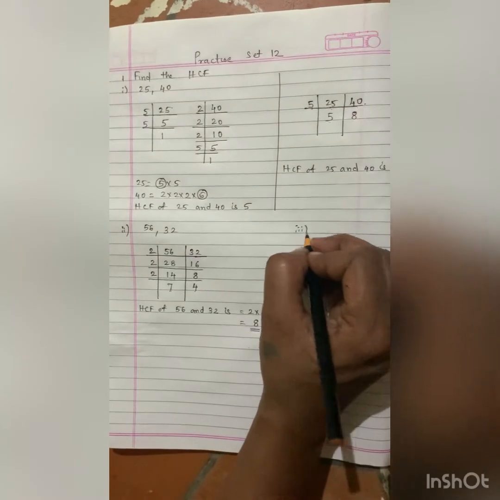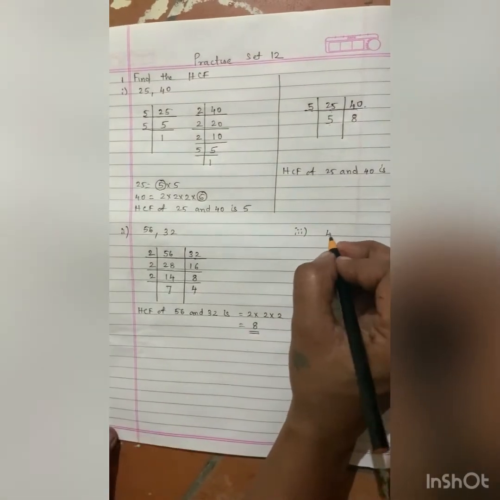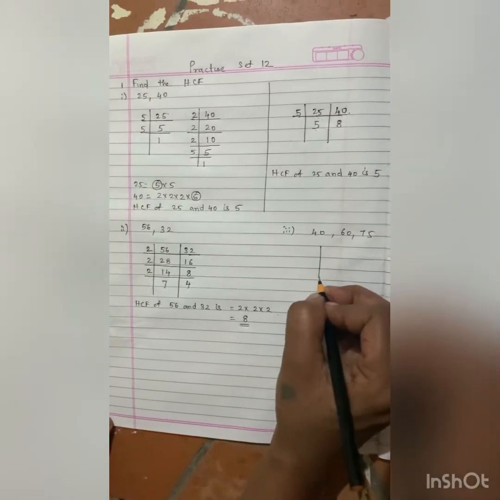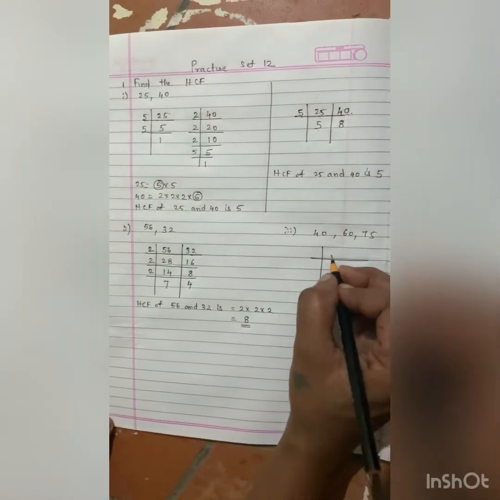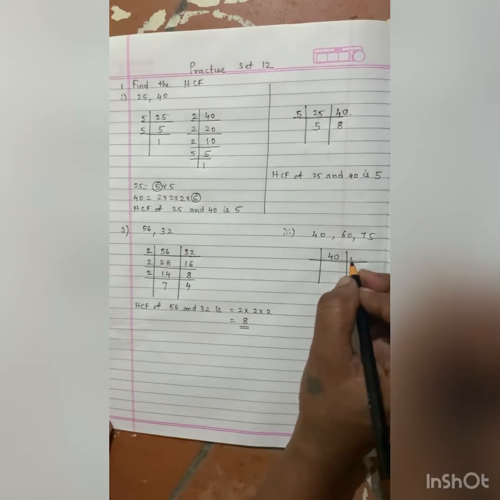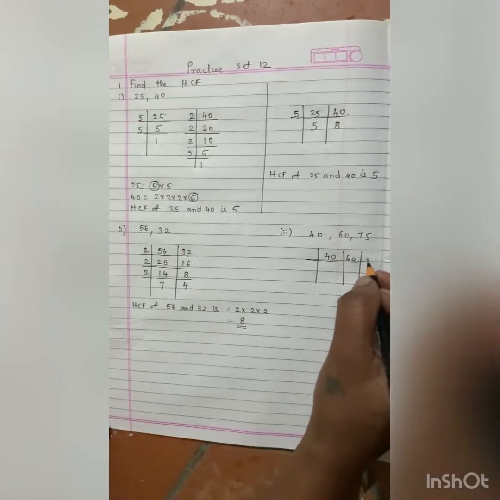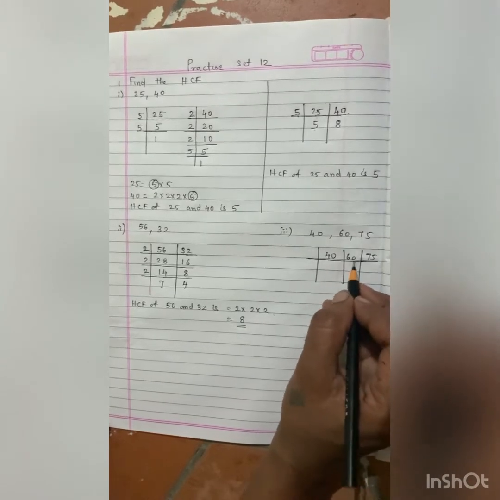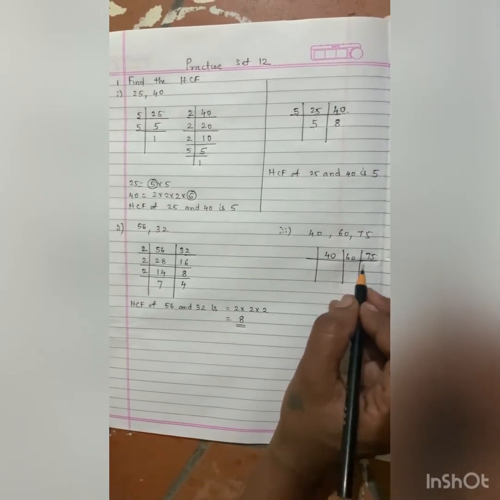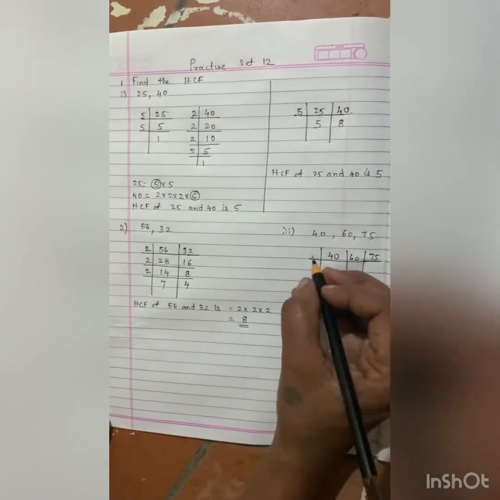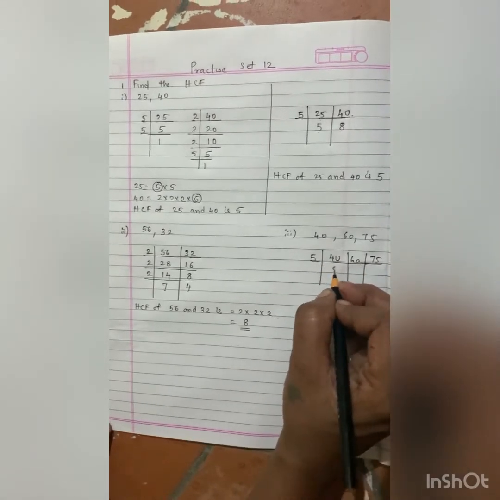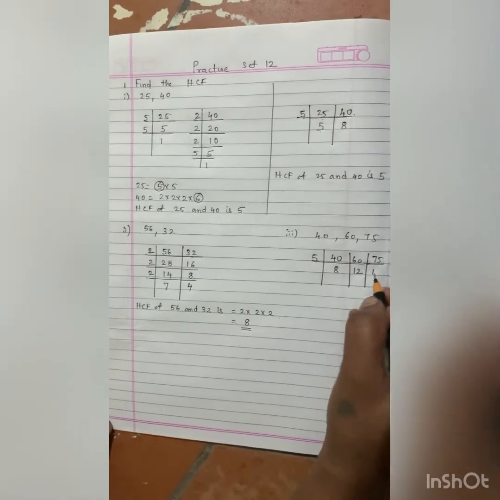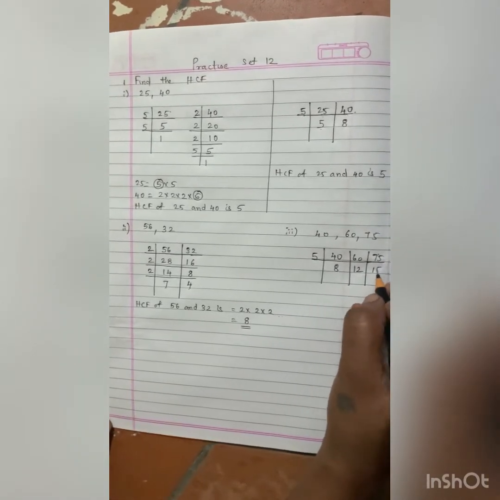Sum number 3, 40, 60, 75. Now here if you see, in the unit place there is 0, here 5. So we can divide all 3 numbers by the same number 5. So 5 8s are 40, 5 12s are 60, 5 1s are 5, 2 remaining, so it will become 15.